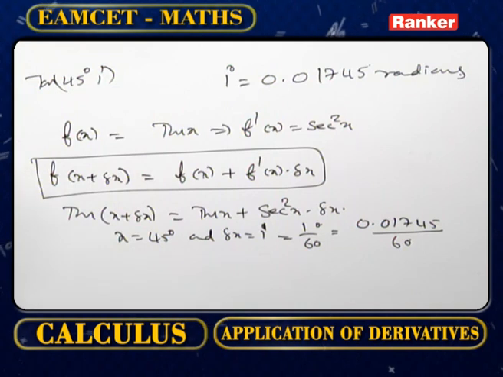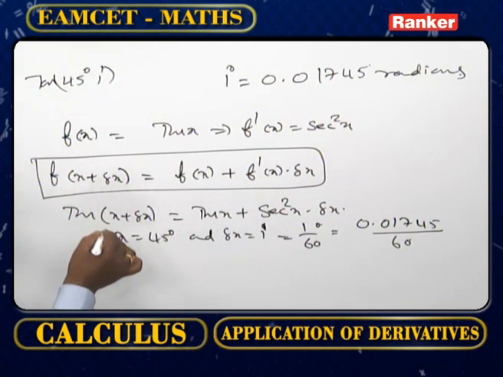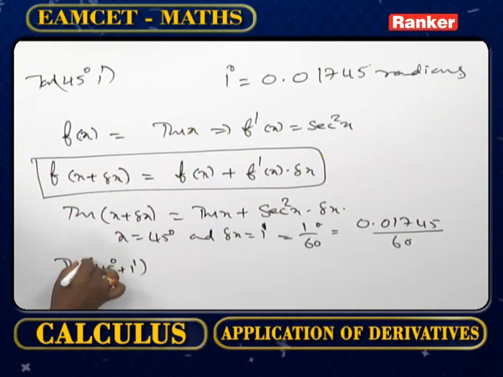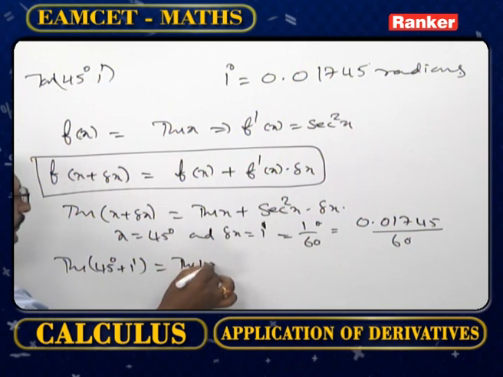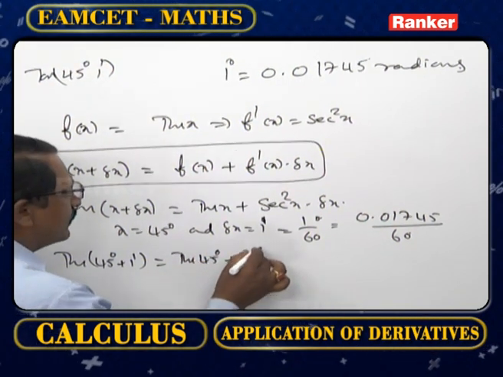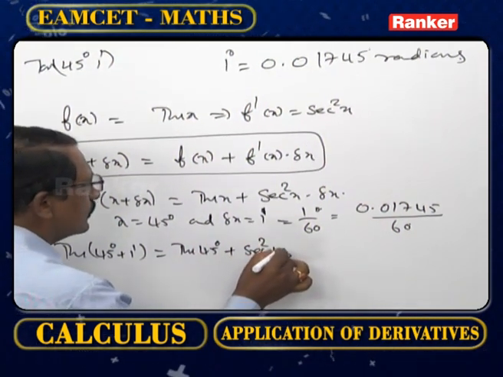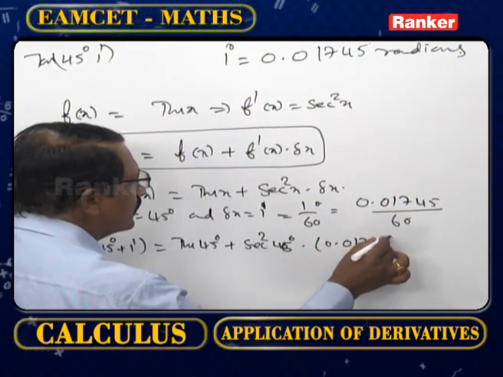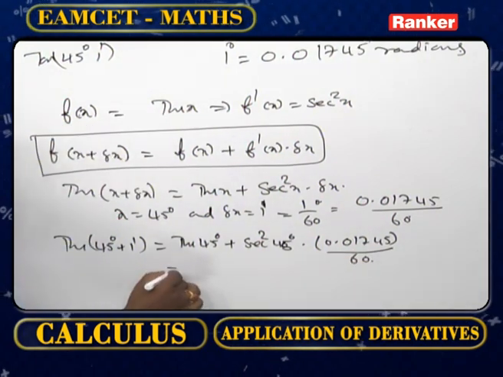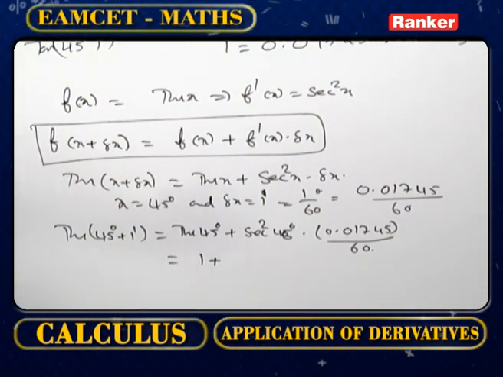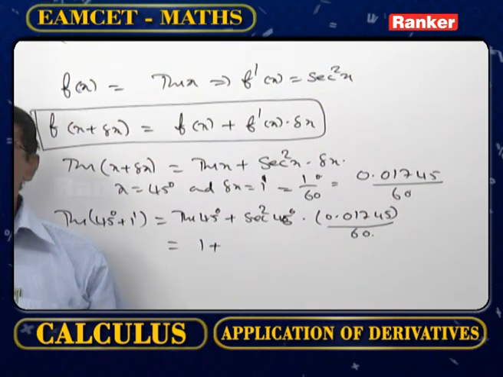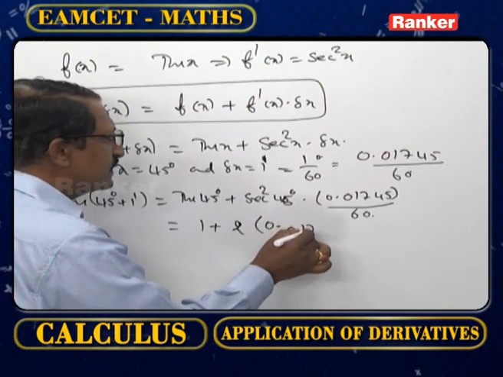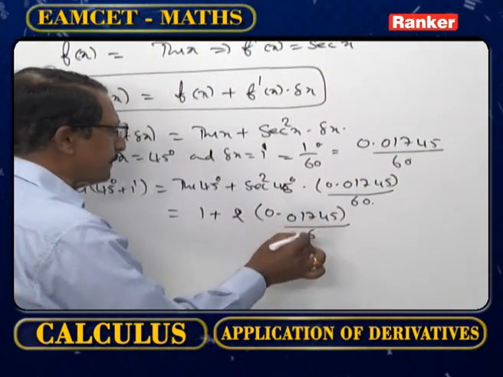0.01745 by 60 radians. Now tan 45 degrees plus 1 minute equals tan 45 degrees plus secant square 45 into 0.01745 by 60. That equals tan 45 value 1, plus secant square 45. Secant 45 equals root 2, so secant square 45 is 2, into 0.01745 by 60.